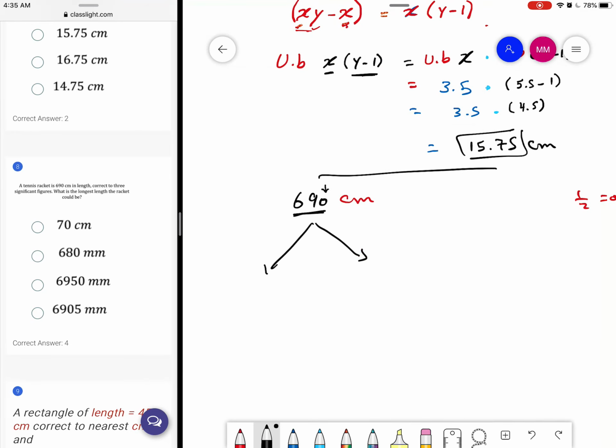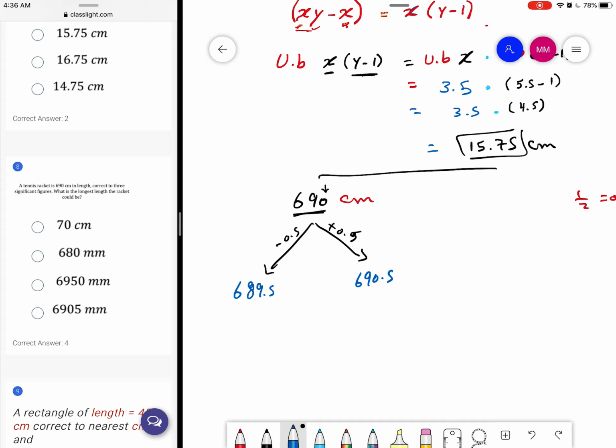So subtract 0.5 and add 0.5. You will get here 689.5, and here you will get 690.5, the lower and upper for this.